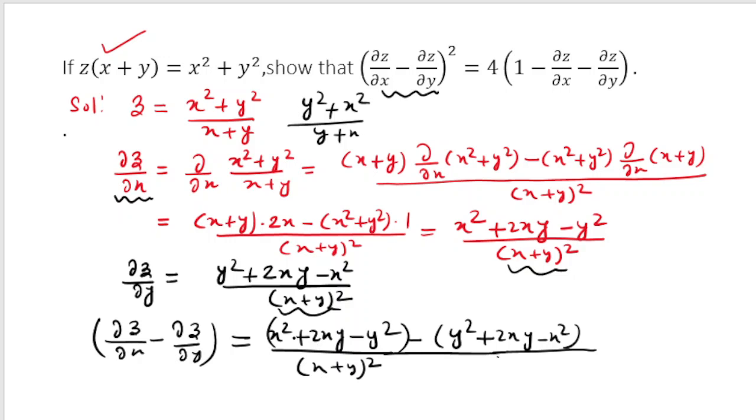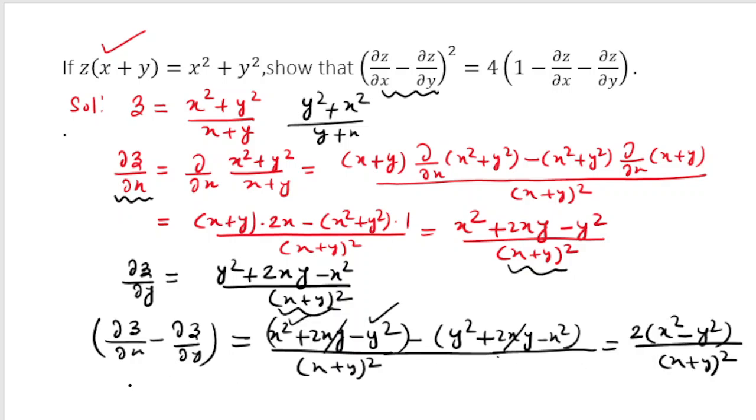What can we cancel? We will cancel this 2xy and this 2xy, and x² from here and minus x² from there. So I will get 2 times x², and minus y² from here and minus y² from here, so I will get 2x² − 2y² divided by (x + y) whole square.